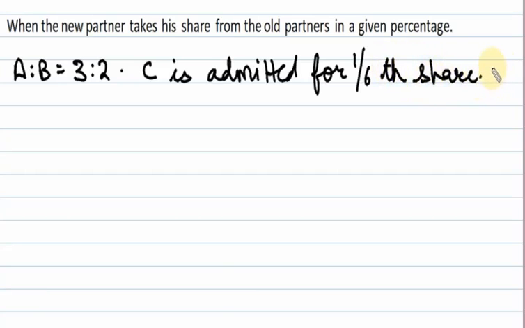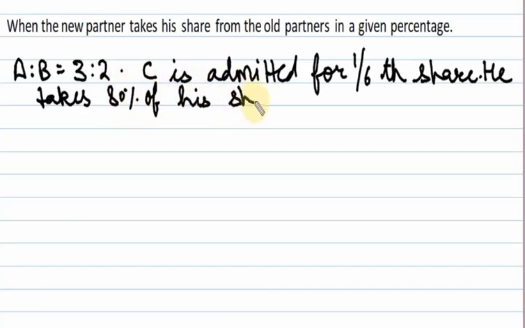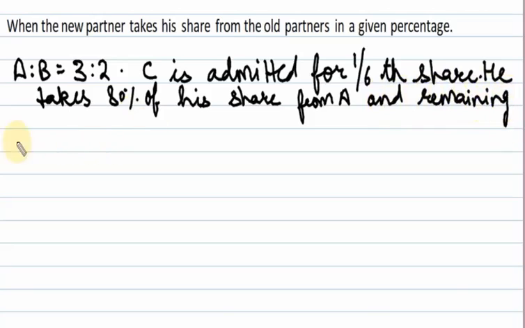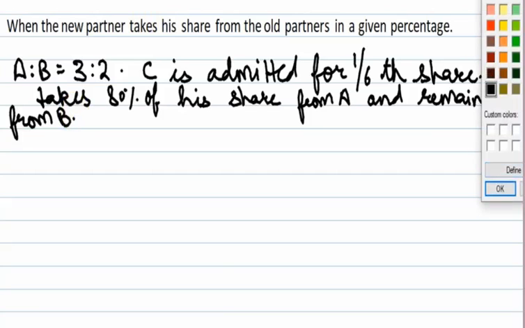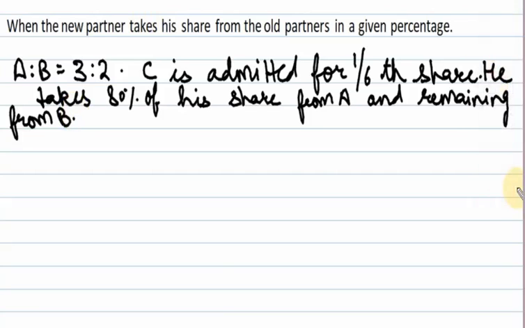Now it says that he takes 80% of his share from A and the remaining, that means 20%, from B. In this case, how are we going to calculate? It will be very much similar.